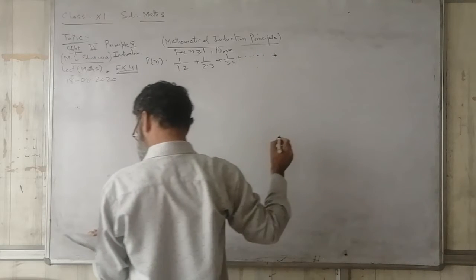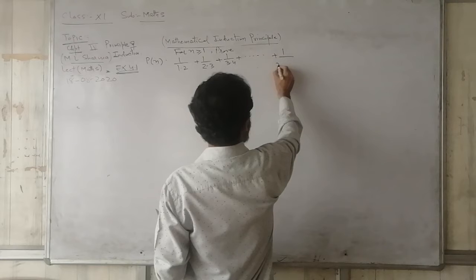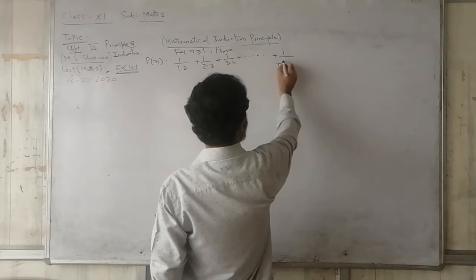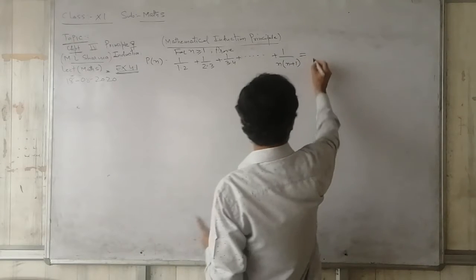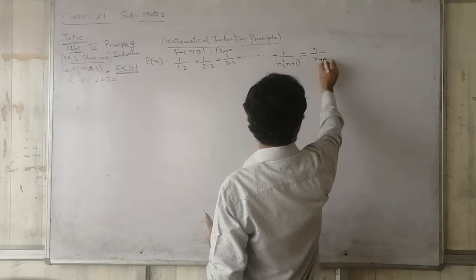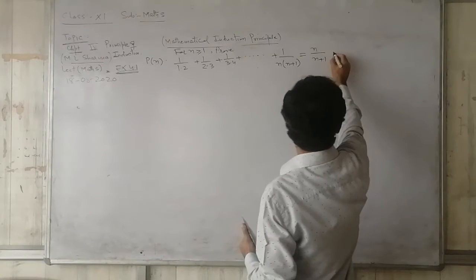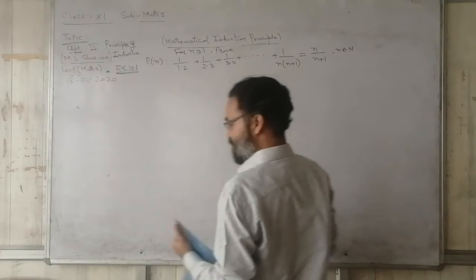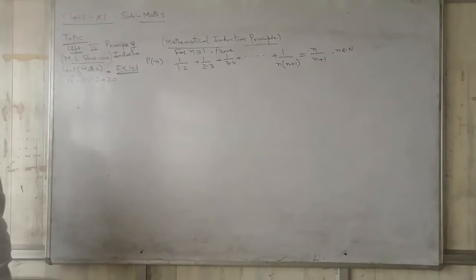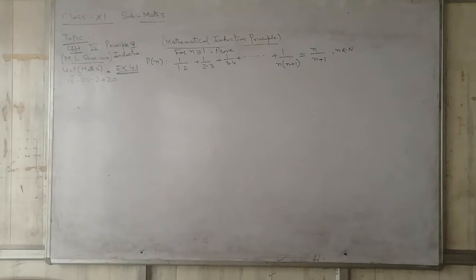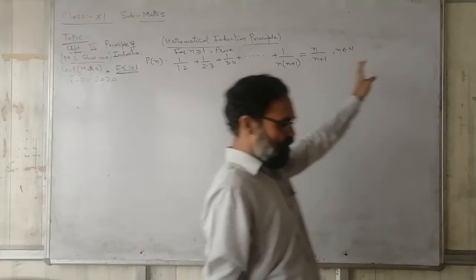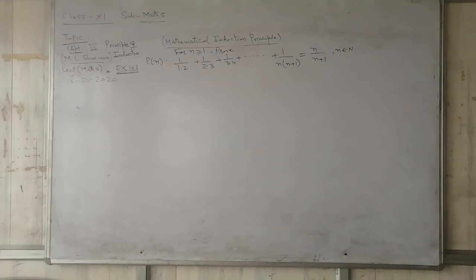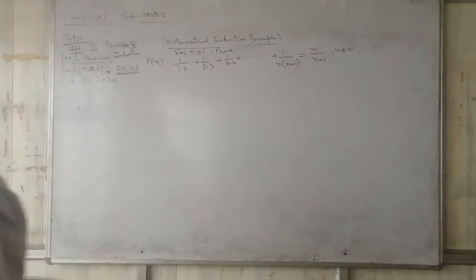It is up to the last term 1 upon n into n plus 1, and this is equal to n upon n plus 1, where n is positive number, natural number. So this is the question. Again, this is basically a mathematical formula.